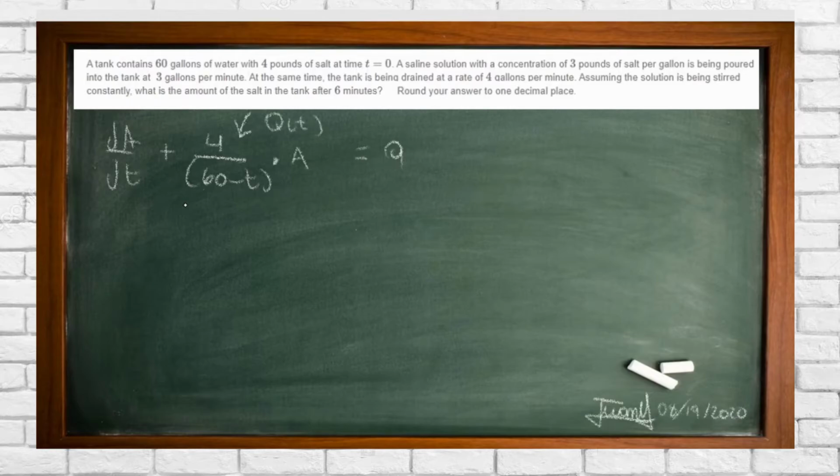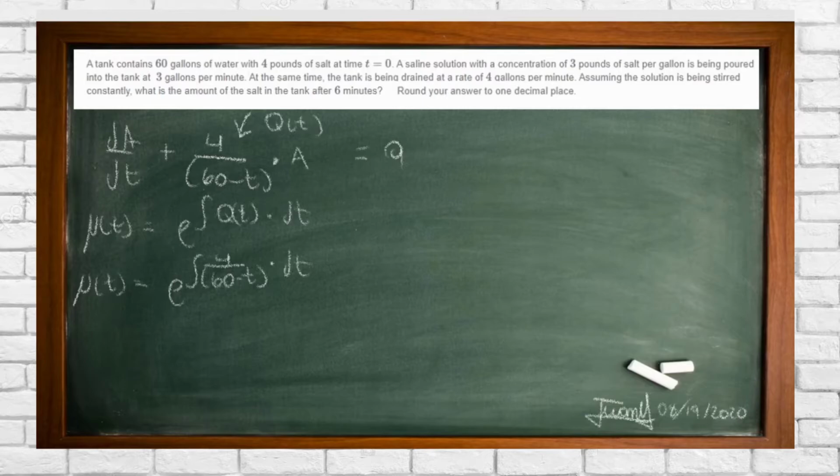So as we discussed before, our integration factor mu of t in this case is going to be equal to e to the power of the integral of q of t times dt. So it's going to be equal to e to the integral of 4 divided by 60 minus t times dt.